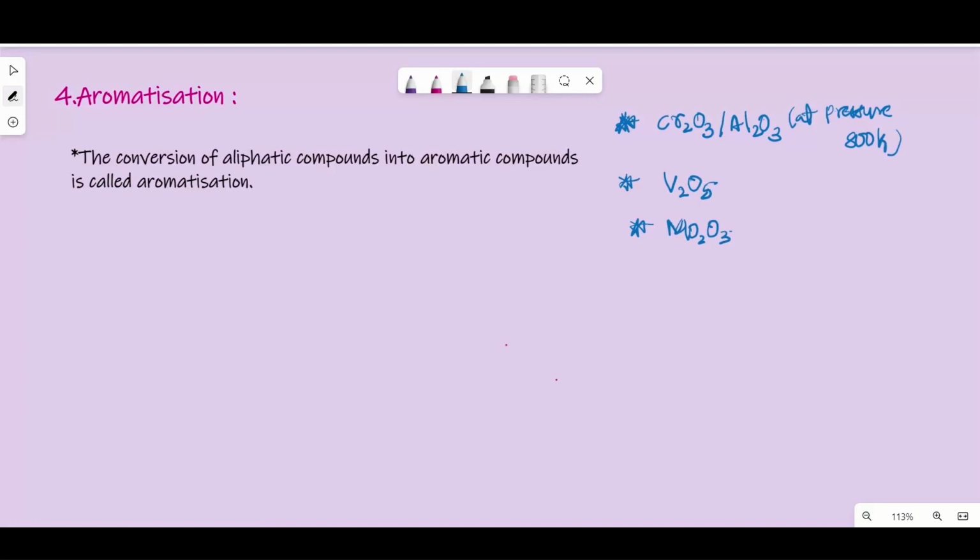Let's see one example here. Let's take hexane. You can write it like this for convenience. Here it is n-hexane. First we are treating it with this reagent, that is Cr2O3 and Al2O3. You should remember these reagents.